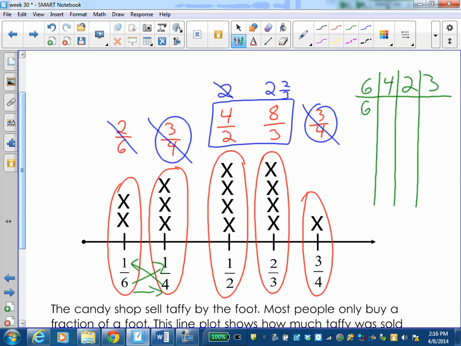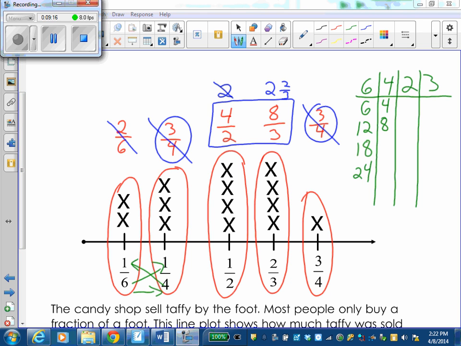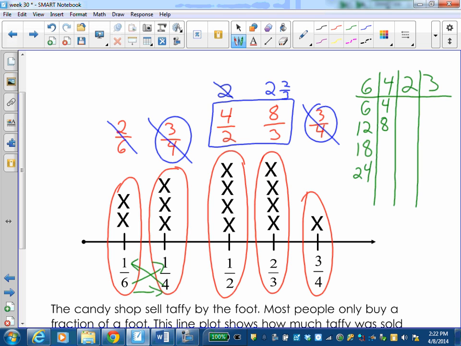6 times 1 is 6, 6 times 2 is 12, 6 times 3 is 18, 6 times 4 is 24. We'll stop there and see what else I can come up with. 4 times 1 is 4, 4 times 2 is 8, 4 times 3 is 12, 4 times 4 is 16.